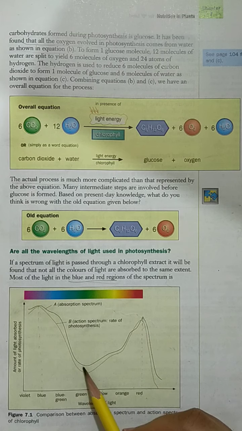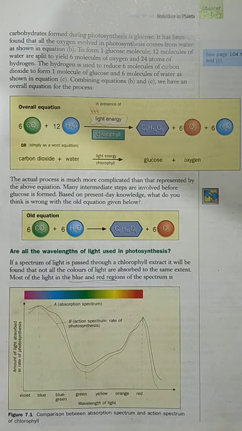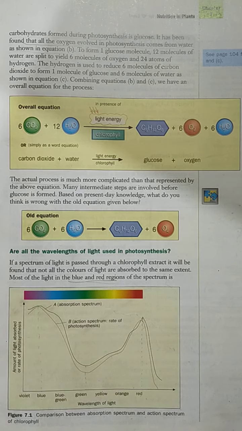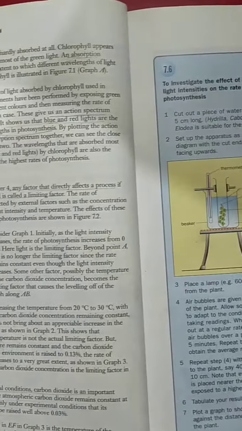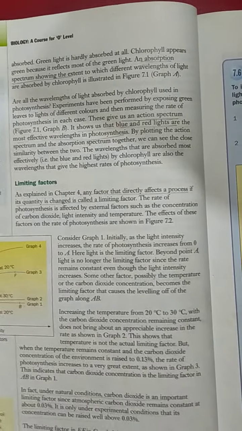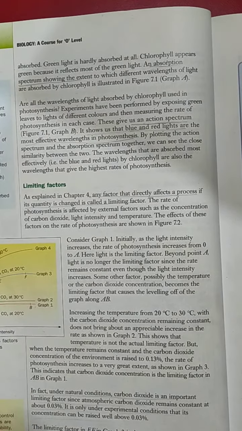Okay, and here you can see that on green it is least. So green color is not absorbed by the plant, it is reflected. The leaves reflect that color, so it is not absorbed, and photosynthesis is not occurring. So by these graphs scientists prove that photosynthesis takes place maximally at blue and red light.